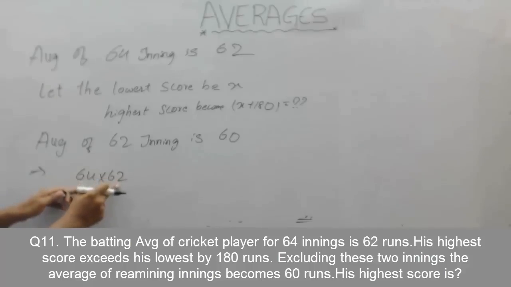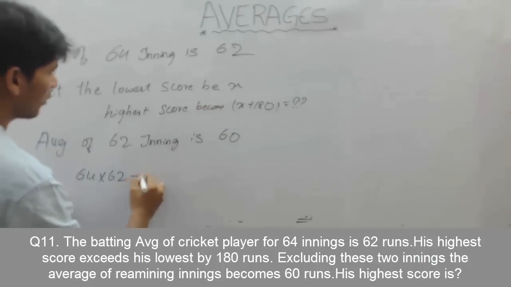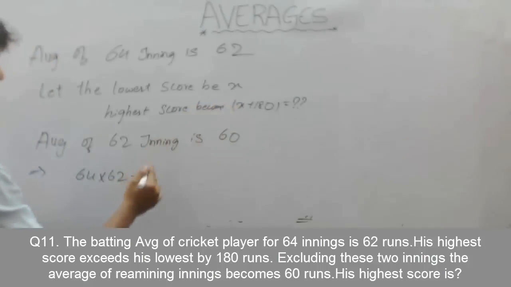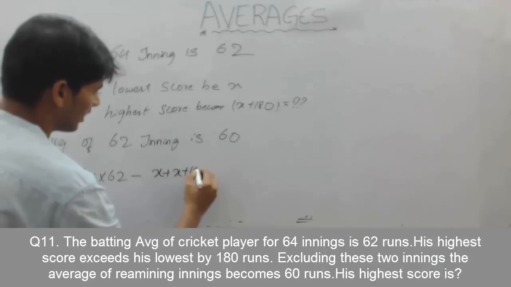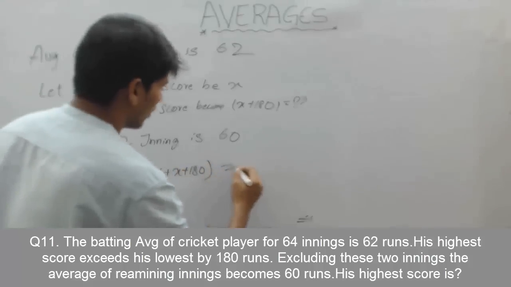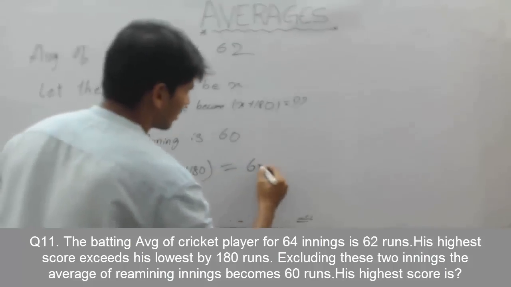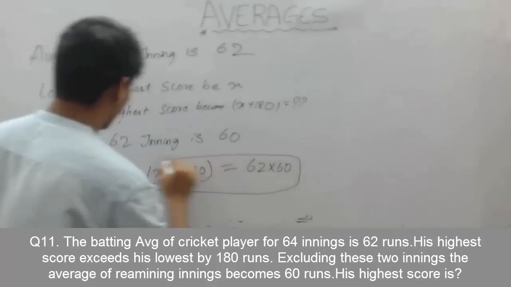Now if you reduce x plus 180, the score of 2 innings, the remaining total score is 62 into 60, isn't it? I think you are quite clear about this.